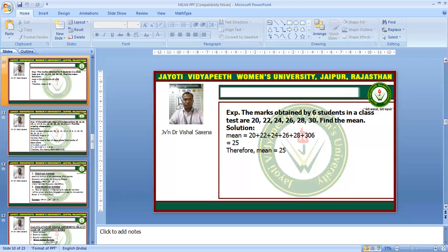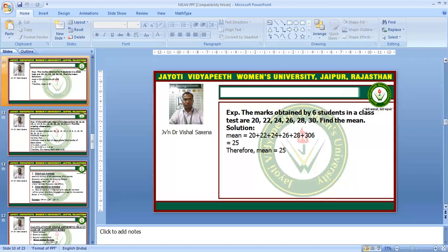Already we know that this kind of series is called the individual series, because we are just given the data and we are not given the frequencies. So for the individual series, we just have to find the mean by the formula summation x upon n.